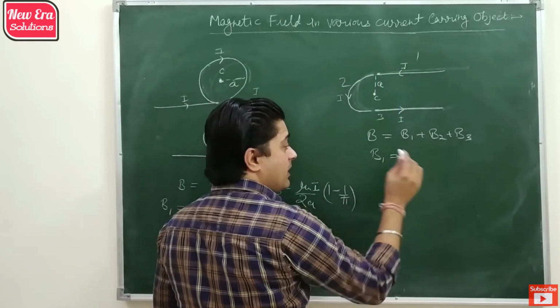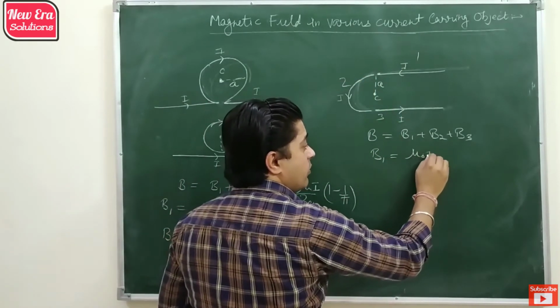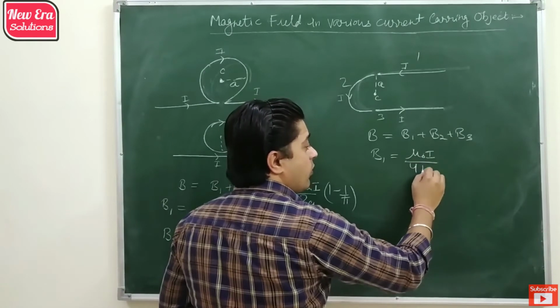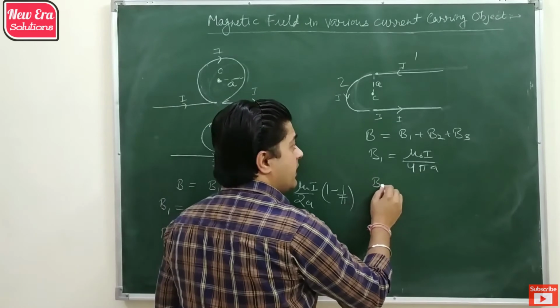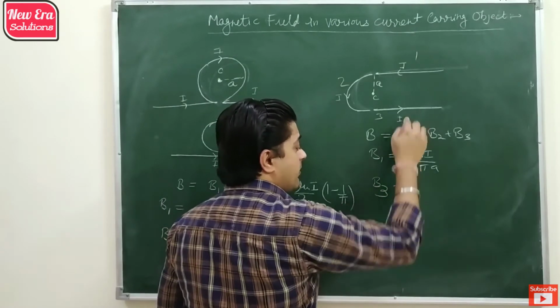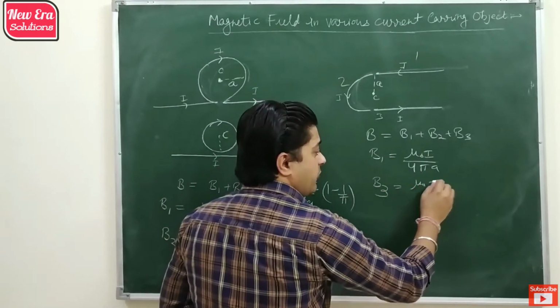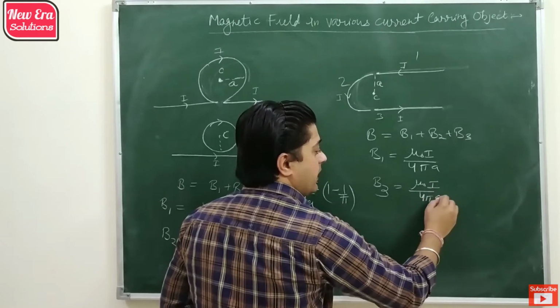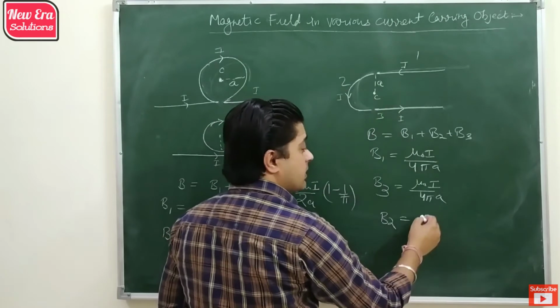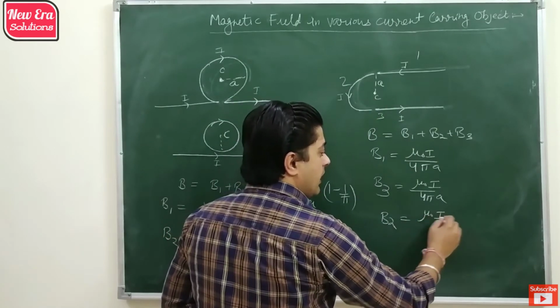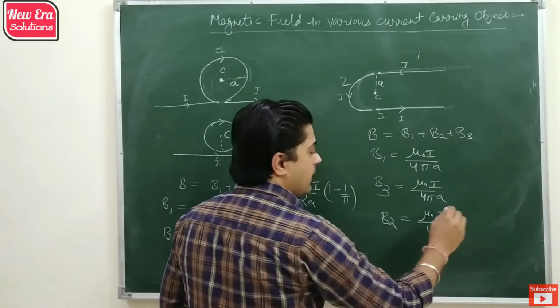The magnetic field due to the first semi-infinite wire is mu naught I by 4 pi a. Similarly, the magnetic field due to the third segment, which is again a semi-infinite wire, is mu naught I by 4 pi a. But the magnetic field due to the second segment, a semicircular loop, is mu naught I by 4a.